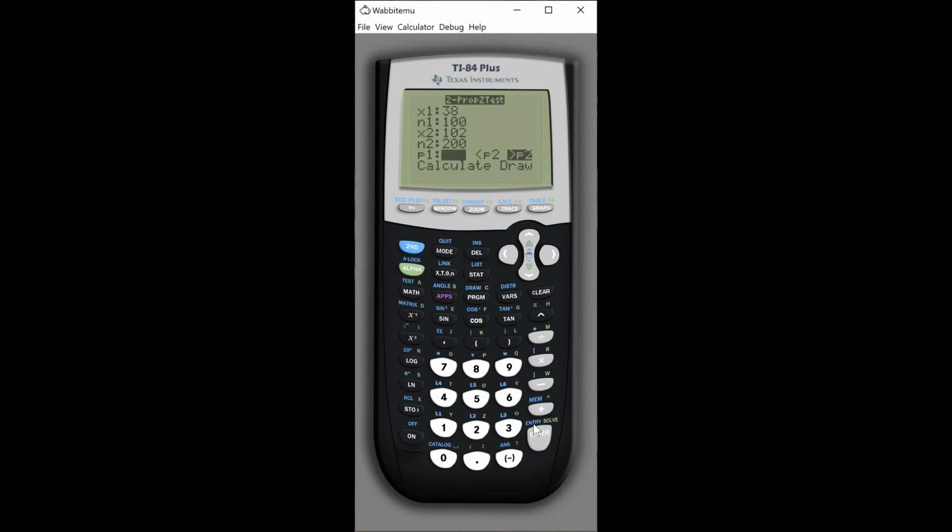All right, so we'll select not equal to, and we'll go here, calculate. That's my z-value. My z-value is negative 2.127. The p-value that we get is 0.0334.